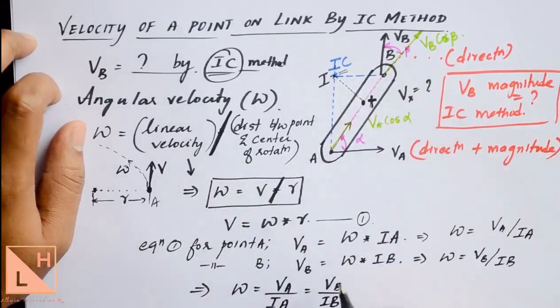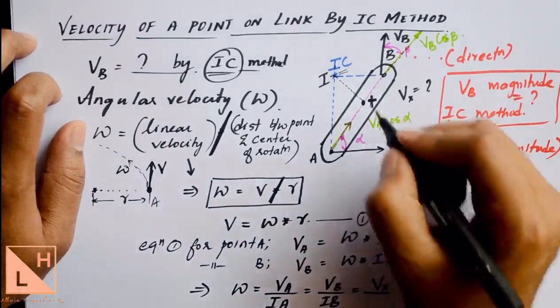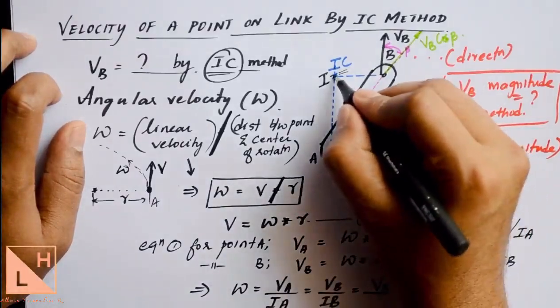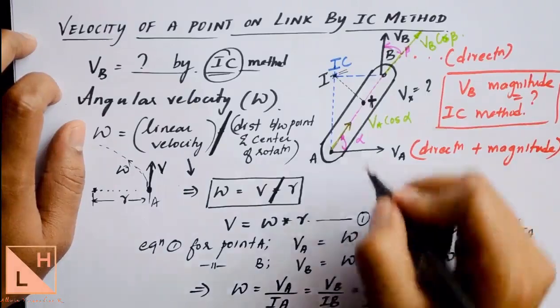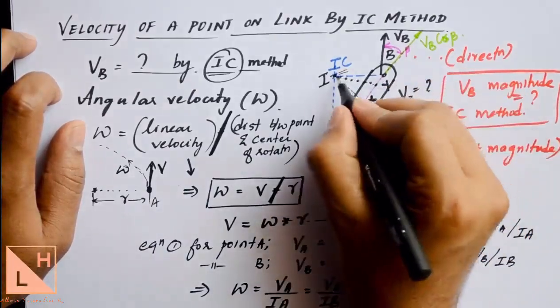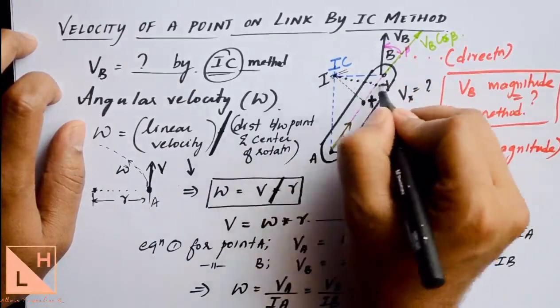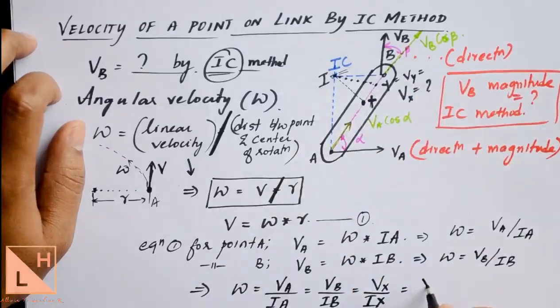So for Vx, we can write Vx divided by the distance of the point from the center of rotation, that is Ix. Likewise, you name any other point y, connect it to I. So the center of rotation of point y will be Iy, and if you want to find out velocity Vy, then we can write Vy divided by Iy.